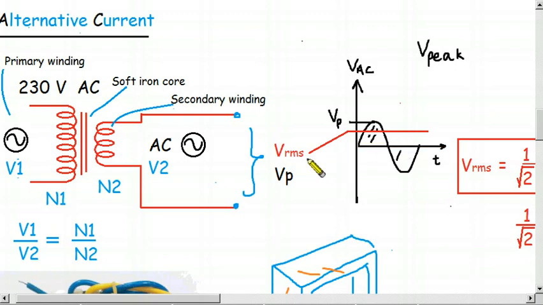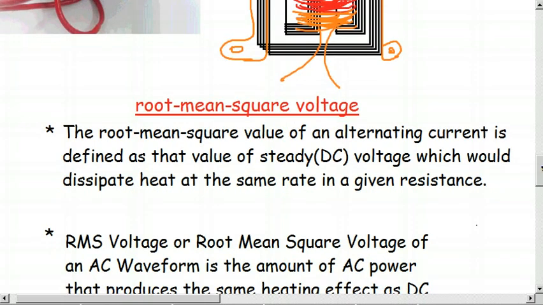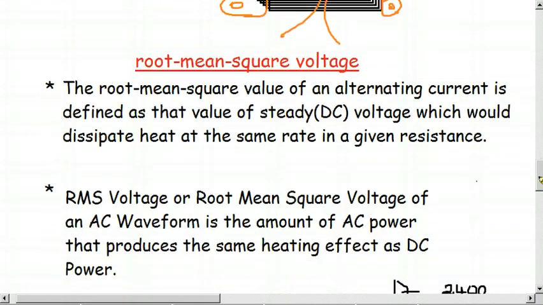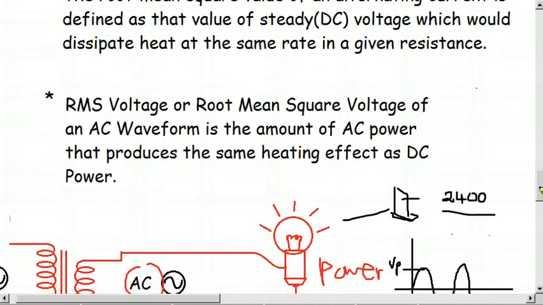You must say VRMS. If they ask what VRMS is, you have to write the definition you have been given. Your teachers must have given you the definition, and it must be in your notebook.